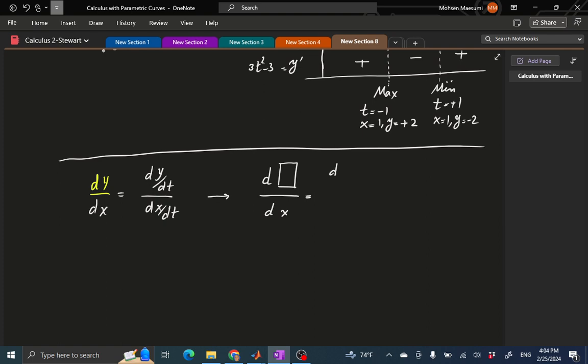This is d dt of whatever you had in mind here, and the denominator is just dx dt. So the derivative of something with respect to x is the derivative of that thing with respect to t divided by the derivative of x with respect to t. Now what am I going to do with this? What we are after is a second derivative.